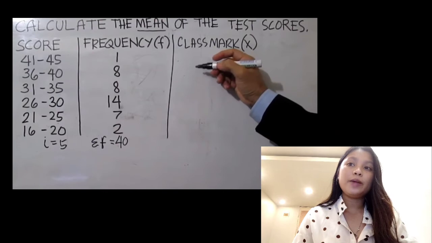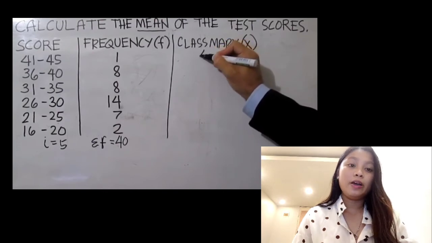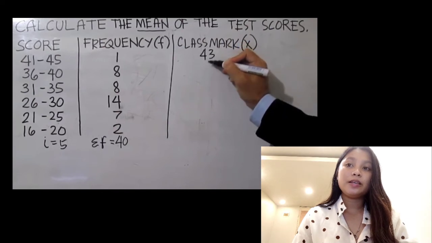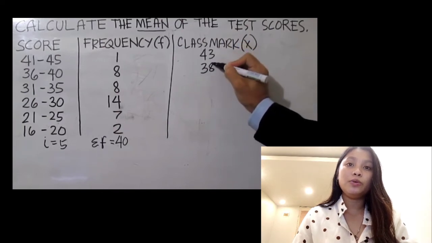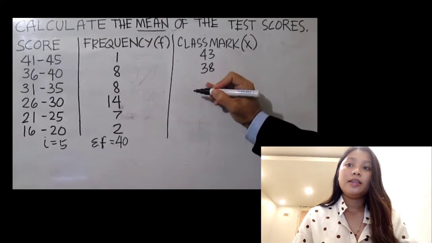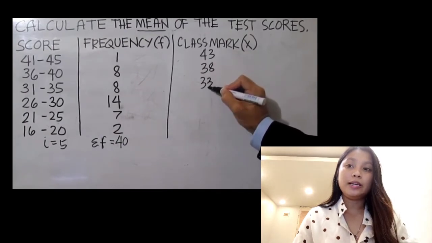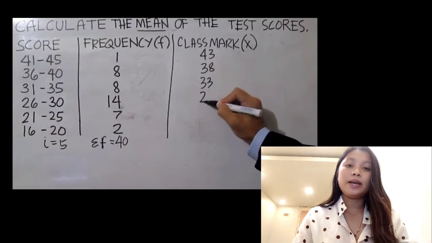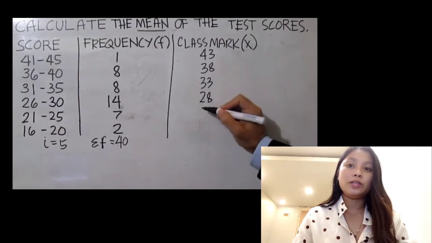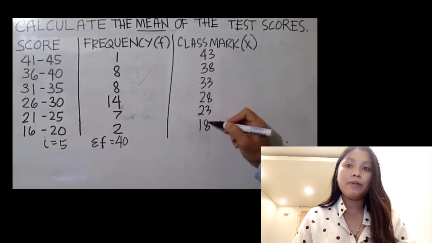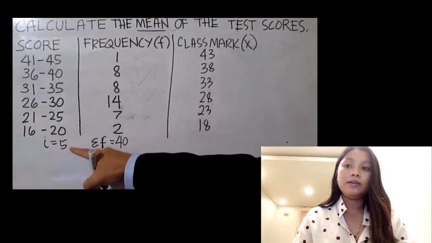So, 41 plus 45 divided by 2 is 43. 36 plus 45 divided by 2 is 38. 33 plus 35 divided by 2 is 33. 26 plus 30 divided by 2 is 28. 21 plus 25 divided by 2 is 23.